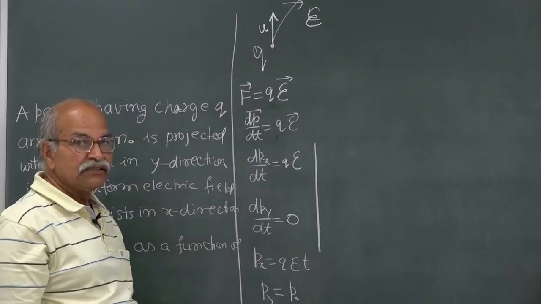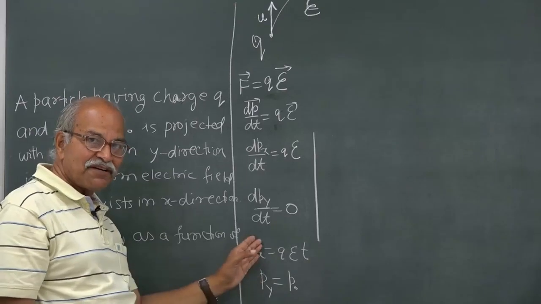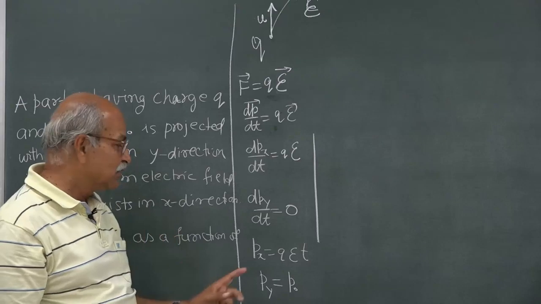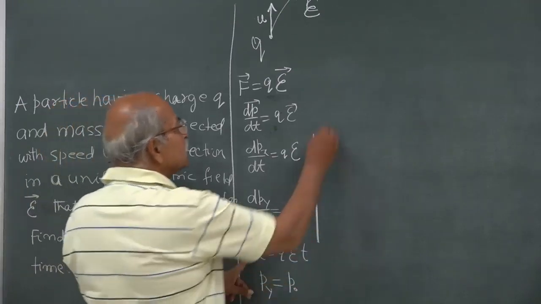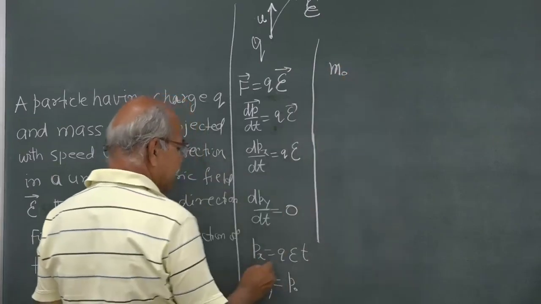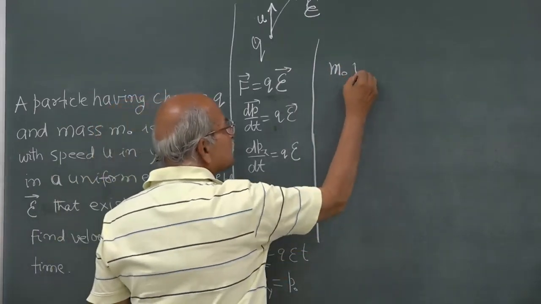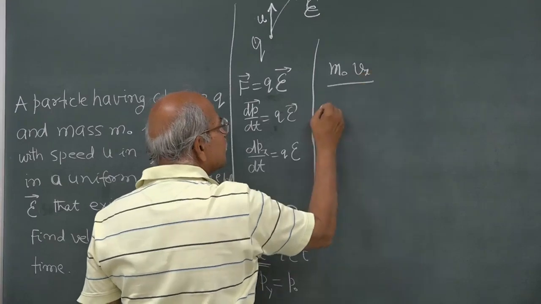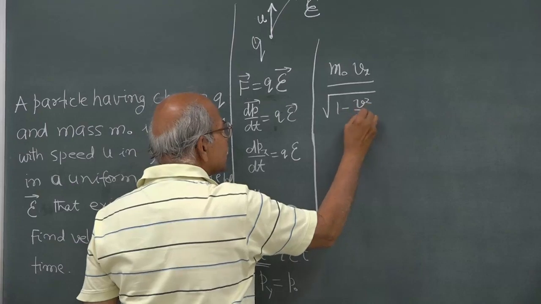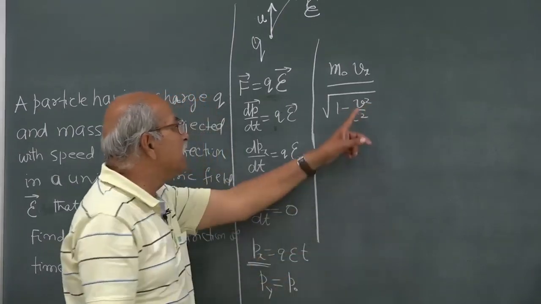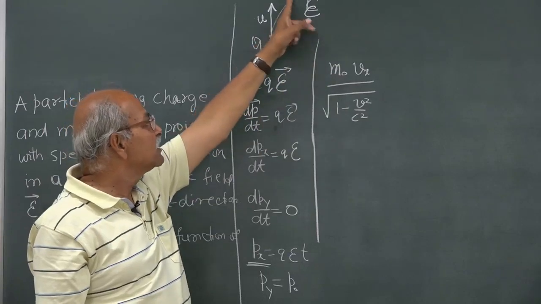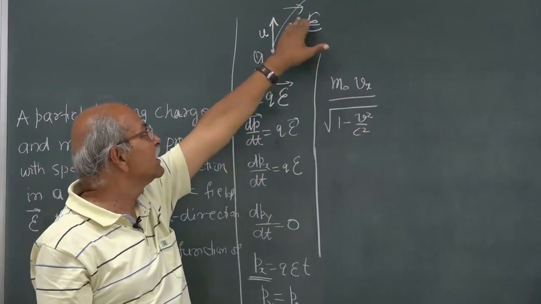So, this is it. From here we can try to find velocity components Vx and Vy, but it is not going to be easy, because px will be m naught Vx divided by square root of 1 minus v square by c square. Remember, this v is the speed of the particle, whereas this Vx is only the x component.